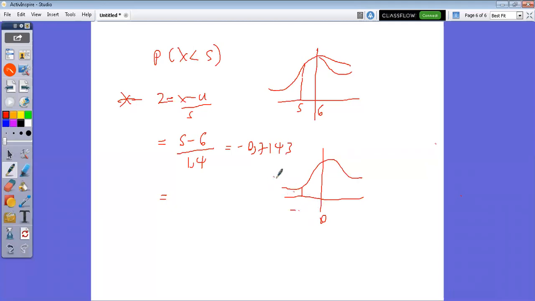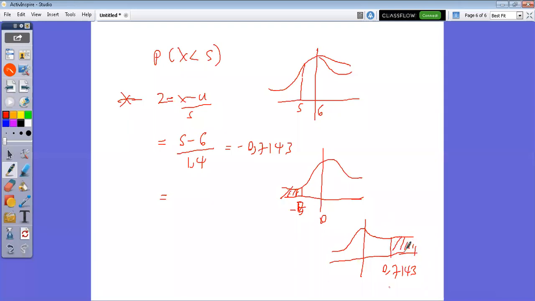But remember, we want the values less than this, less than Z. But look at this, our probability table unfortunately cannot give us negative values. So we do symmetry, like what you said. That's why I was explaining that when we started the lesson. This value here is the same as 0.7143 on the other side, and the area that we want is the same as that area here.